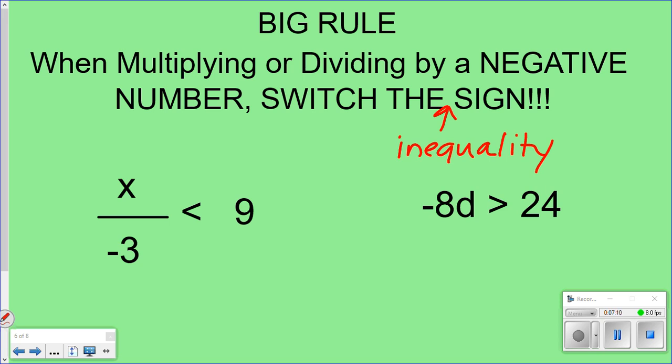And I'll give you a lot of examples of these so you know when you need to switch it. Switch the inequality sign, not the positive or negative, the inequality sign.